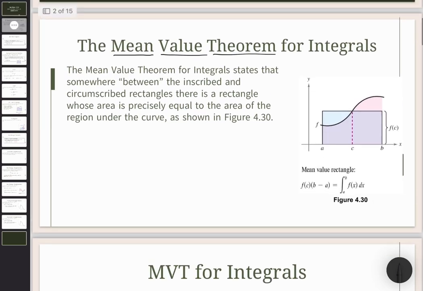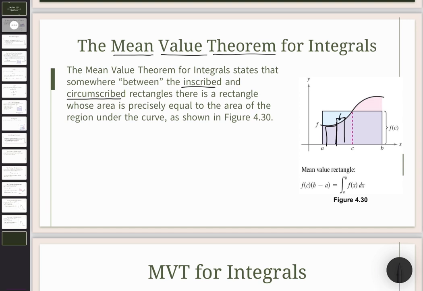So let's start by talking about the mean value theorem for integrals. The mean value theorem basically states that somewhere between the inscribed and circumscribed rectangles, so remember inscribed, those are the ones that are kind of underneath your curve. So for instance, a rectangle like that would be an inscribed rectangle. A rectangle like this would be a circumscribed.